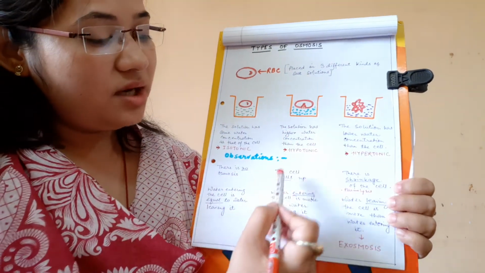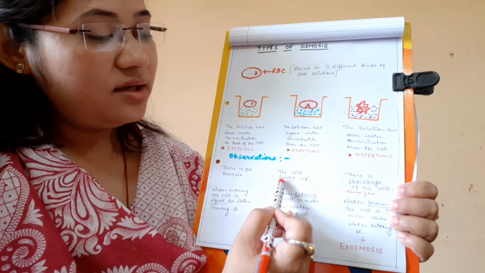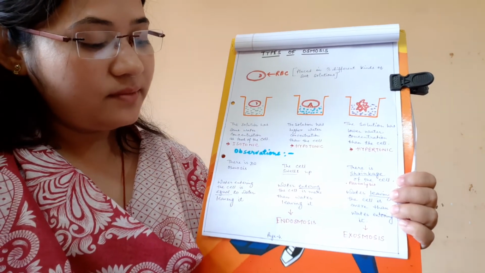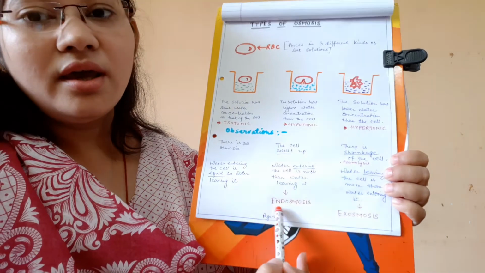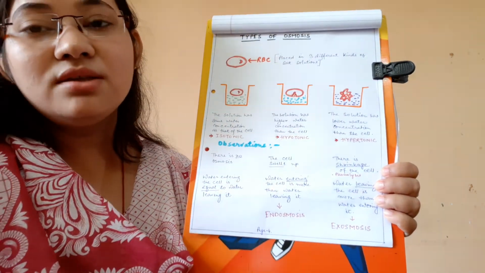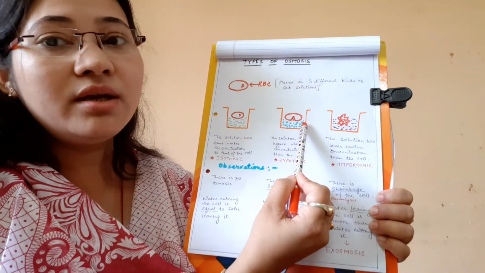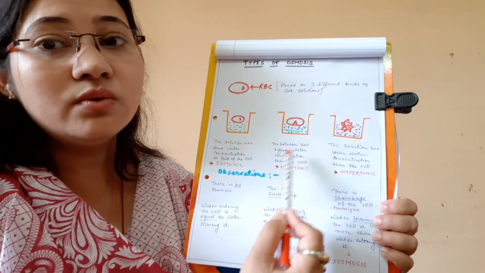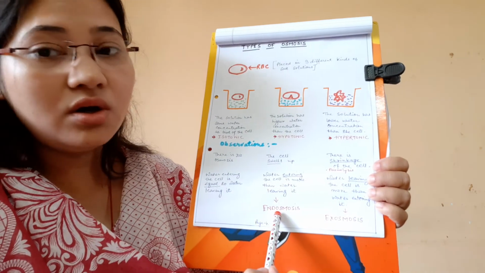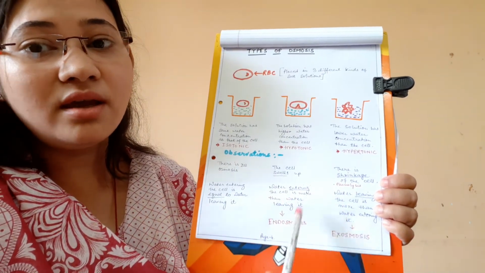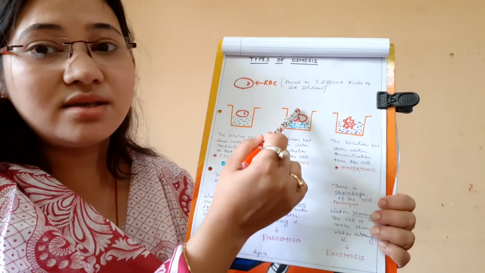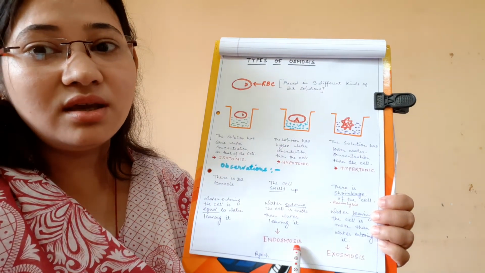So after some time the cell swells up and it may burst also. This process is called endo osmosis. That means the direction of movement of water is from the external medium into the cell. So endo osmosis, water has entered inside the cell.